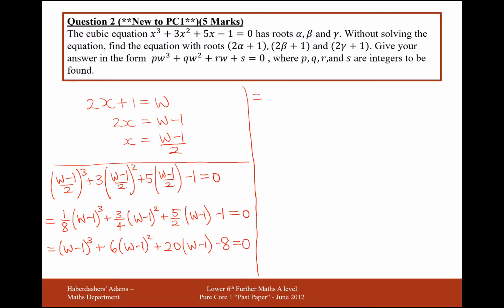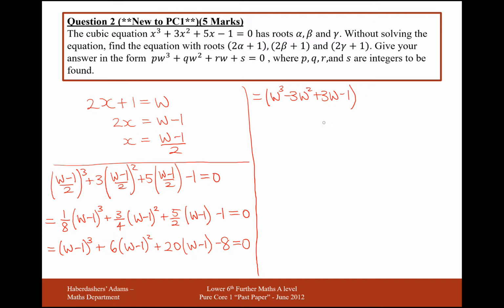I'm going to use a little shortcut in the binomial expansion chapter from A-Level Maths. The first part's going to be w cubed minus 3w squared add 3w minus 1. Now you can either do this the long way and expand out 3 brackets like this, or you can notice that the Pascal's triangle row is 1, 3, 3, 1, and we need alternating signs in here as it's a minus 1 in the bracket.